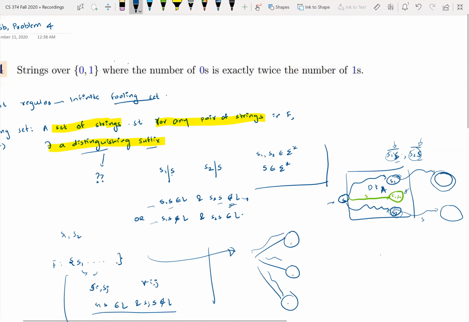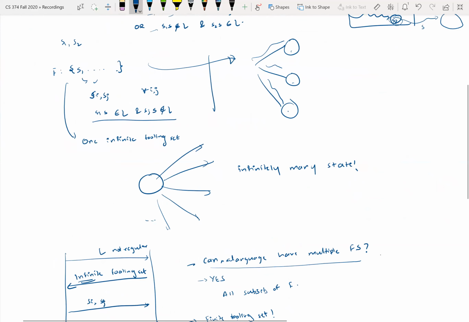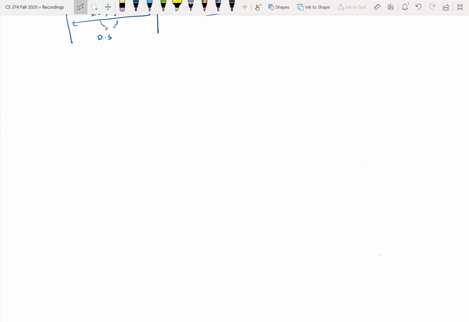Let's move on to the question. We want to find all strings over 0, 1 where the number of zeros is exactly twice the number of ones. Intuitively speaking, I want to accept all strings such that the number of zeros is twice the number of ones. To solve a fooling set problem, try to think of where it is going to fail.